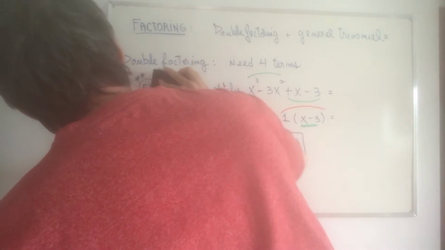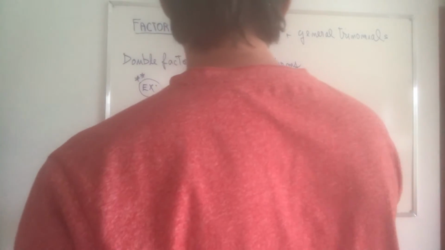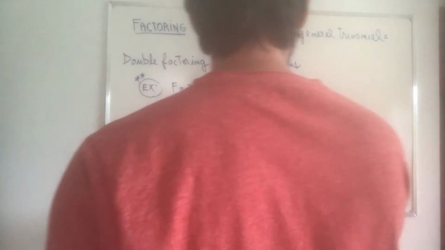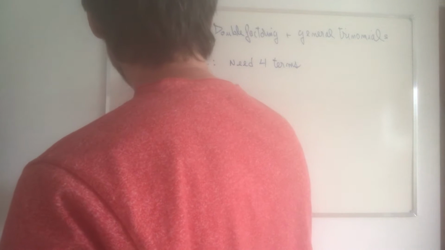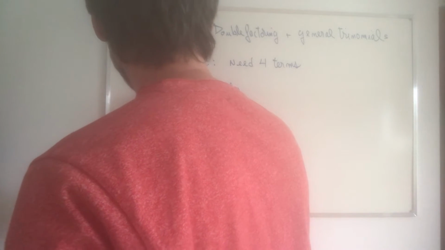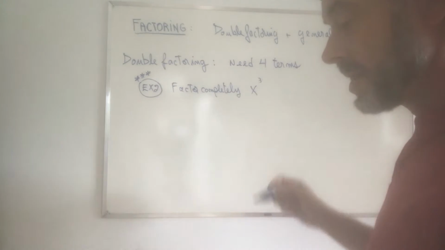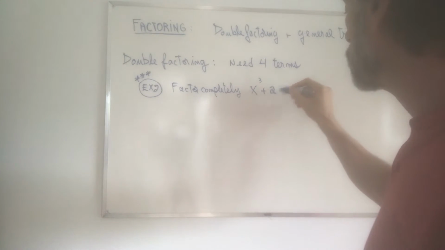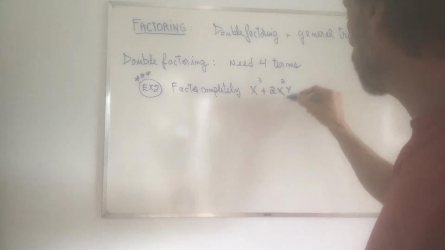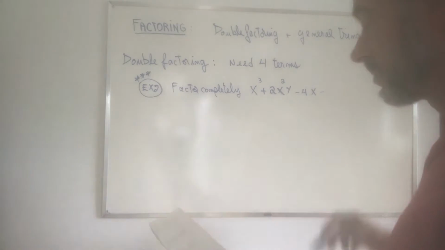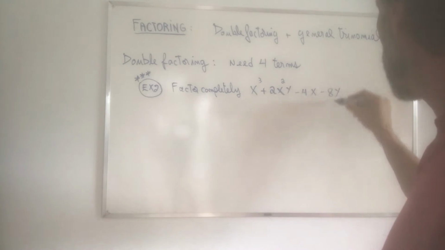All right, so perhaps we hike it up a little bit. Another example, factor out completely. So example 2, 3 stars, factor completely, x cubed plus 2x squared y minus 4x minus 8y.